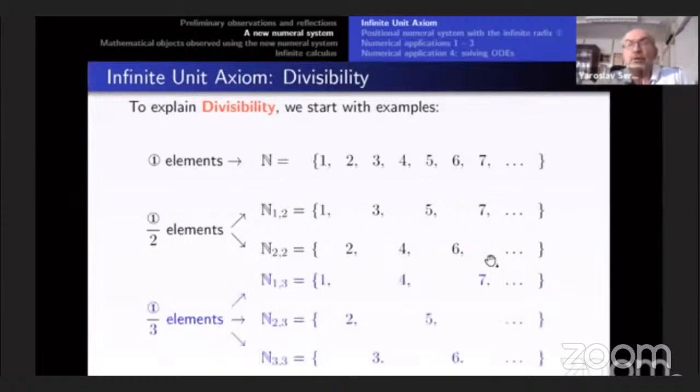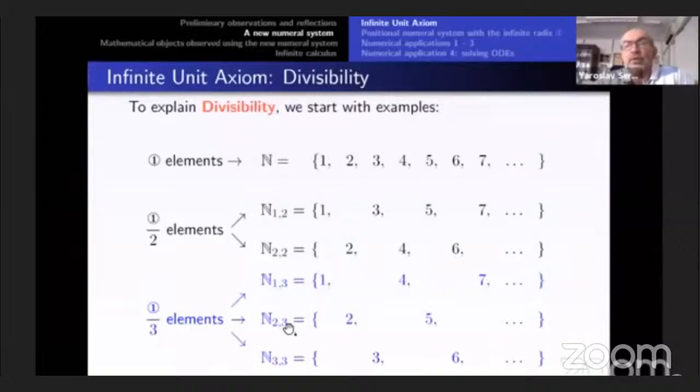And then it is possible to subdivide it also in 3 equal parts. And each of them will have gross 1 divided by 3 elements. These sets will be very useful for us. So what is this? This is the third part of the set of natural numbers starting from 1. 1 plus 3, 4, 4 plus 3, 7, and so on.